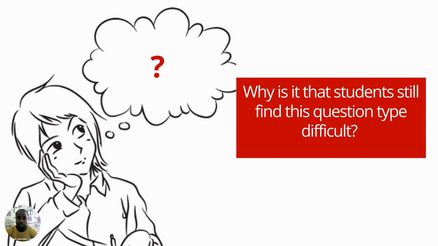Also, some factors that can make the true, false, not given question difficult for students include time pressure. The IELTS reading session is timed, and students often feel rushed to complete the questions within the given time frame. And this can cause them to overlook important details, or rush through the questions, leading to errors in comprehension and also in answering the questions.